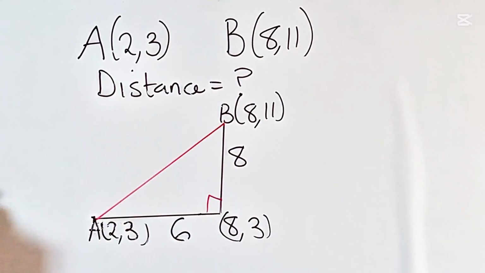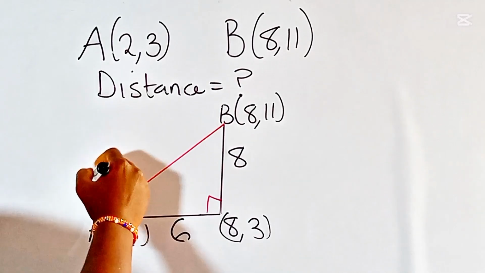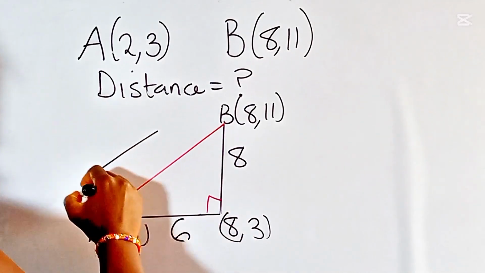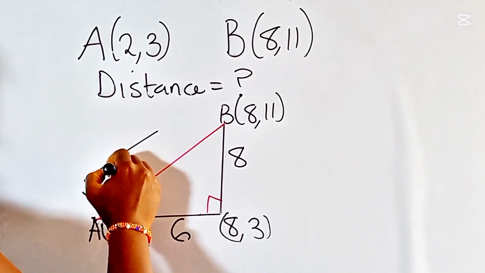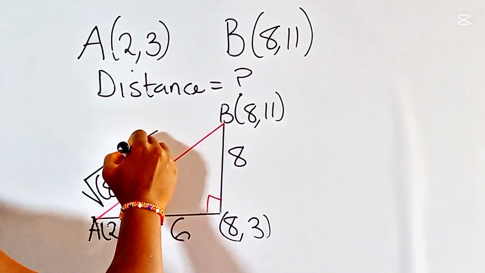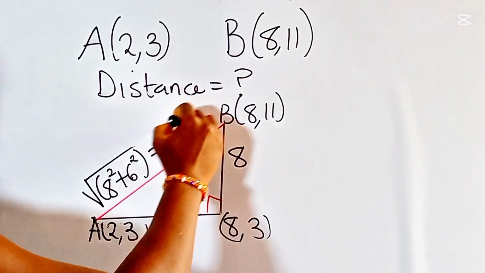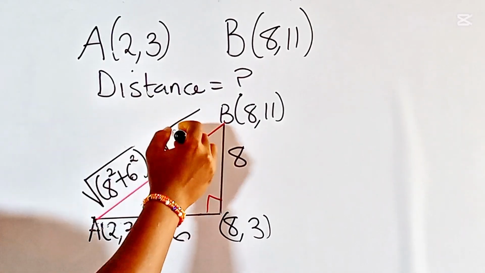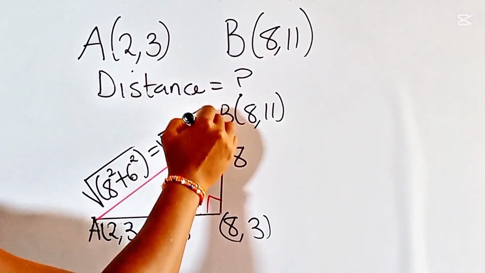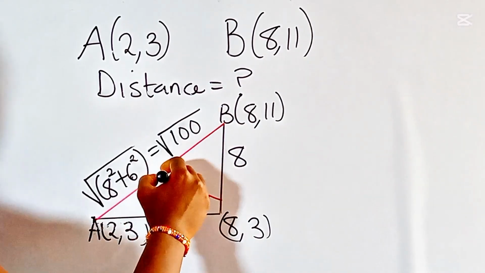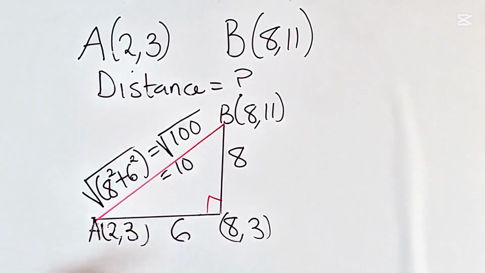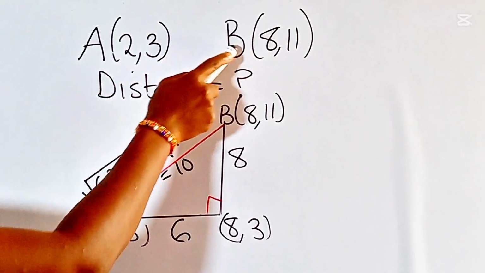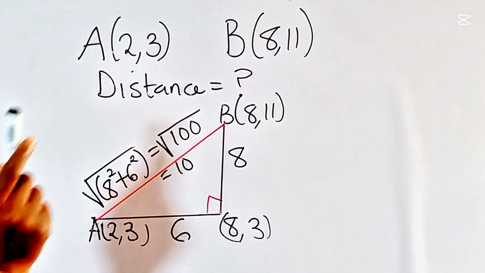To find this diagonal, it's going to be the square root of 8 squared plus 6 squared, which equals the square root of 64 plus 36, which gives us 100. And the square root of 100 is equal to 10. Therefore, the distance between these 2 points is equal to 10.